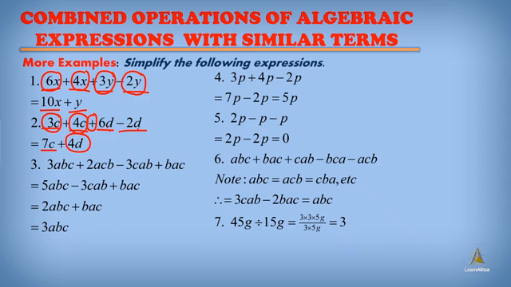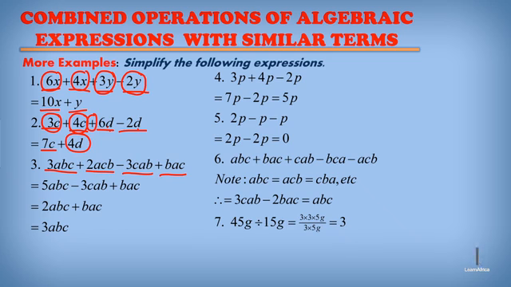Then question 3 says 3abc plus 2acb minus 3cab plus bac. Now looking at this, one might be easily tempted to go into a confusion looking at the terms we have. But I'd like us to remember something I said earlier.